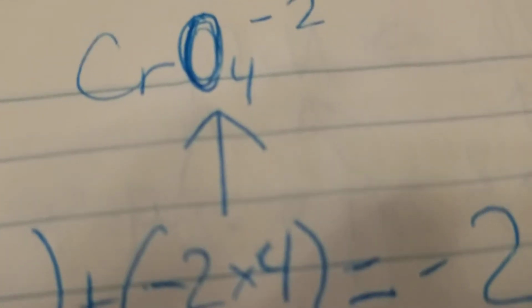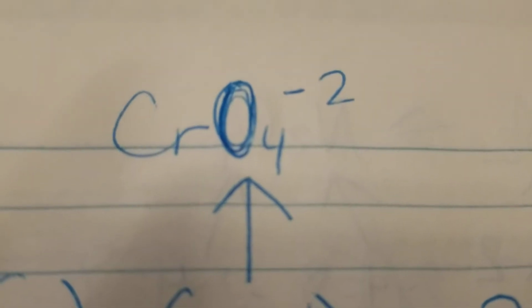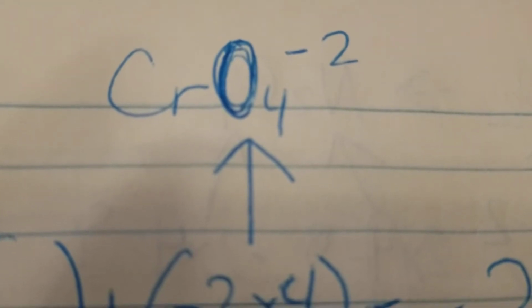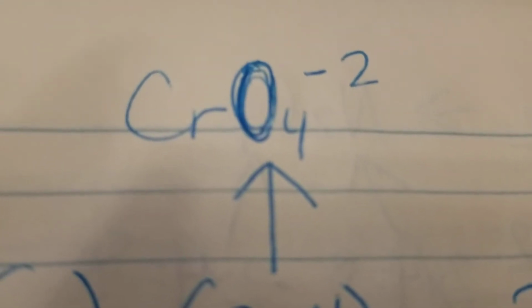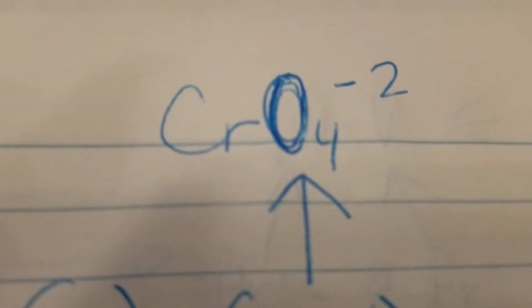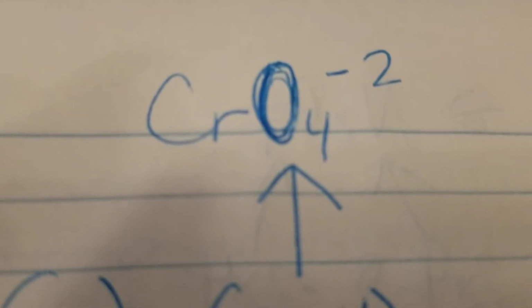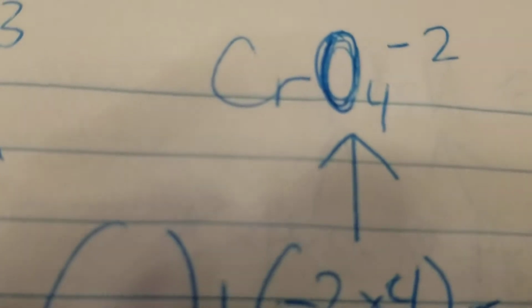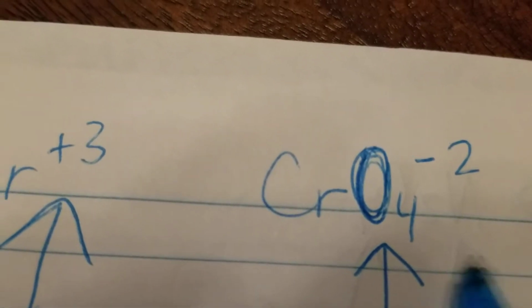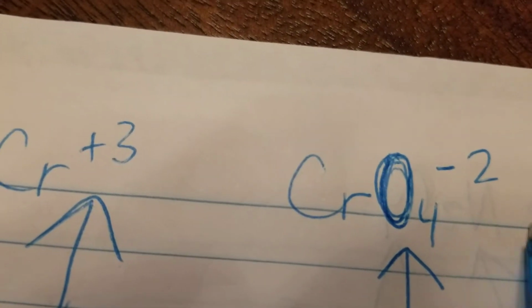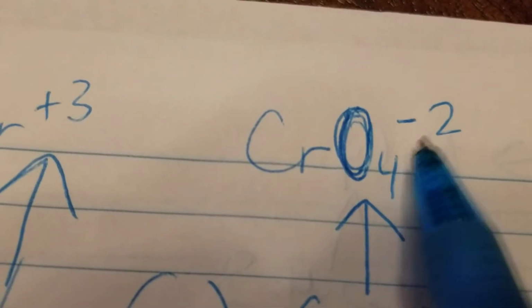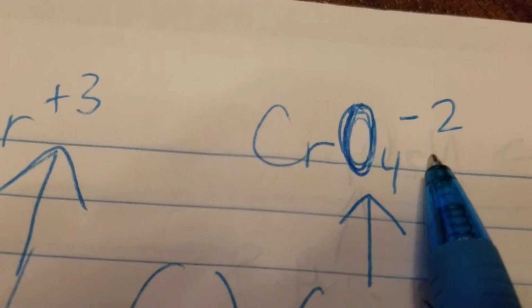But for this one, you have to do a little bit of calculating like you did in the previous problem. The difference is that this has a charge of -2. So you have to kind of do it like a mathematical equation. Overall, this whole thing is equal to -2, not 0.